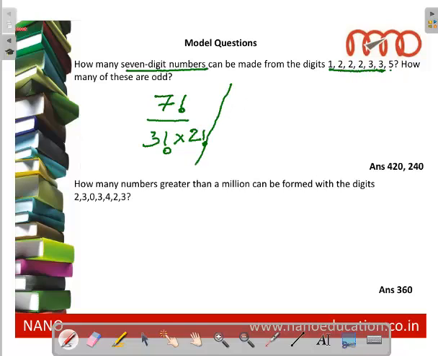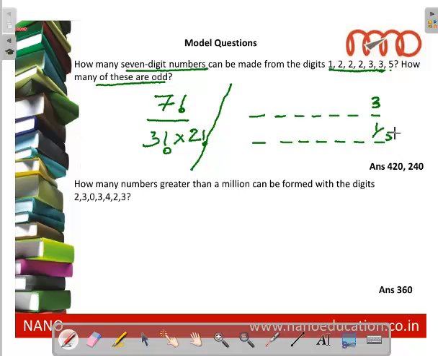Now coming to the question of how many of these are odd. This question can be done in 2 ways. First method: an odd number should always end with an odd digit. So the last digit can be 3, or the last digit can be 1 or 5.